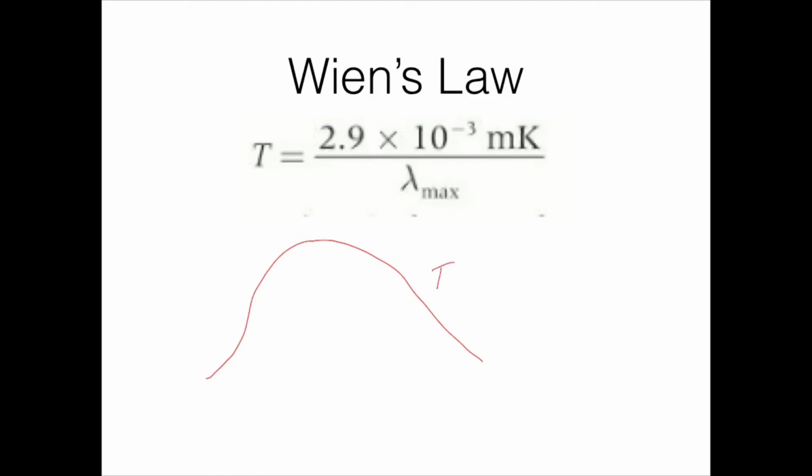And therefore, a specific temperature will have a very specific wavelength at its maximum. And that's what Wien's law says. Wien's law says that if I can measure the maximum wavelength that's showing up when I look at this star, I know what its temperature is. This is something that we've learned from observing black bodies on Earth.